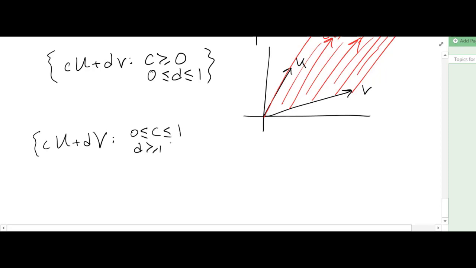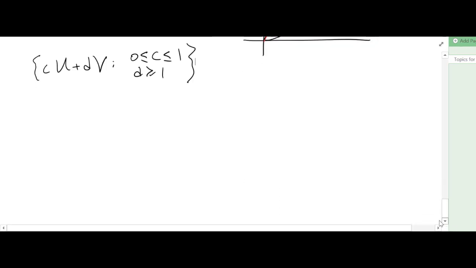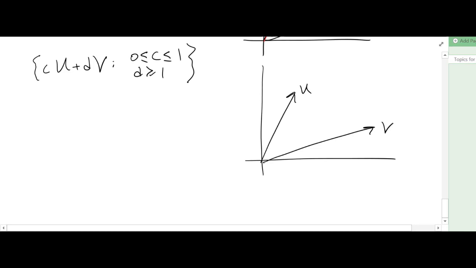What about this one, where d is greater than or equal to not 0, but 1? So we draw that. We can't get any vectors along here, right? Because that would be a scalar smaller than 1 for v, but it has to be bigger than 1.